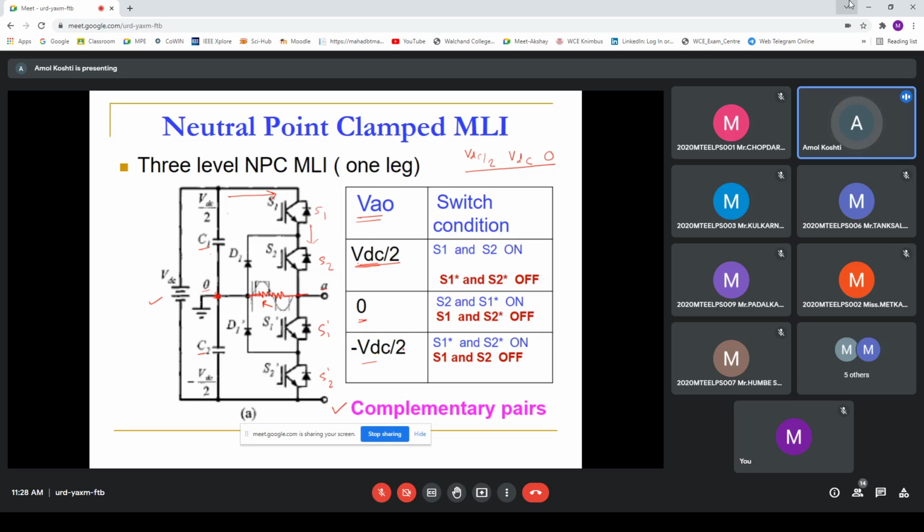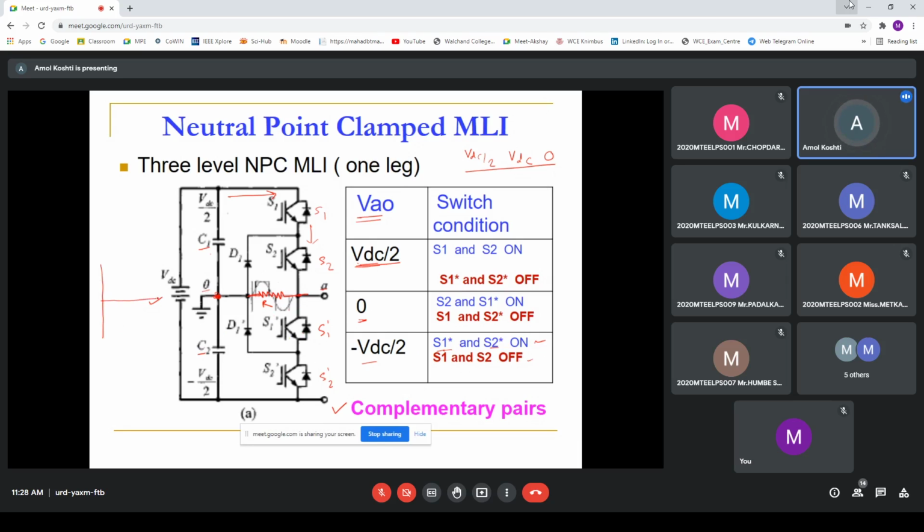Now to get a minus VDC by 2, the switching combination is given here. You just see the complementary switches, that is S1 star and S2 star or dash, turned on, and the main switches S1 and S2 are turned off, and we get the negative half here. So how do we get a waveform here?